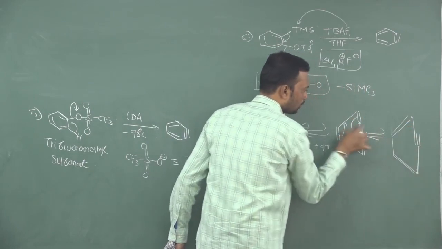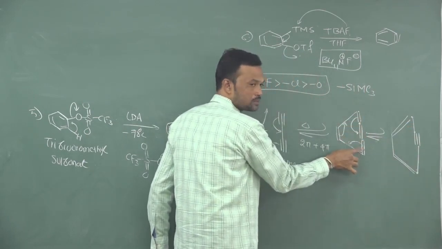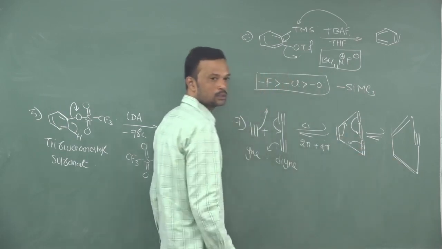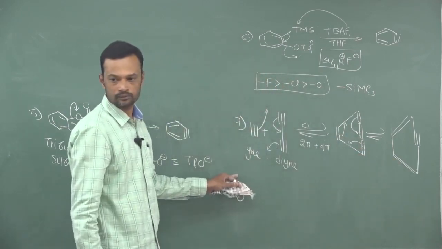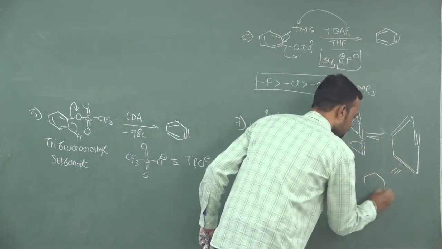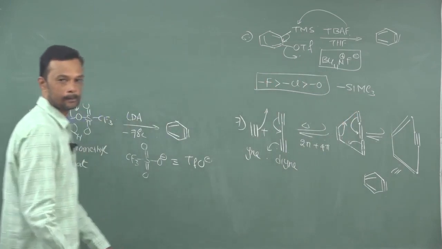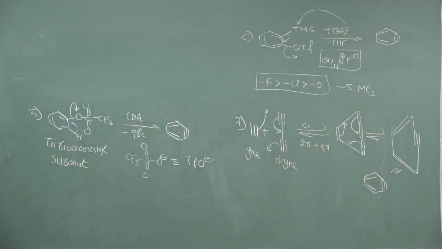The double bond becomes a single bond, this double bond becomes a triple bond and this becomes a single bond. What is this? Benzene. It is benzene only. Another way of writing benzene. This is called ene-diene rearrangement.